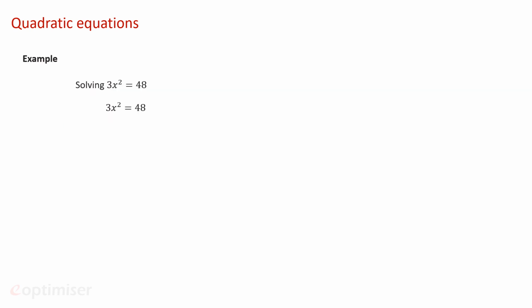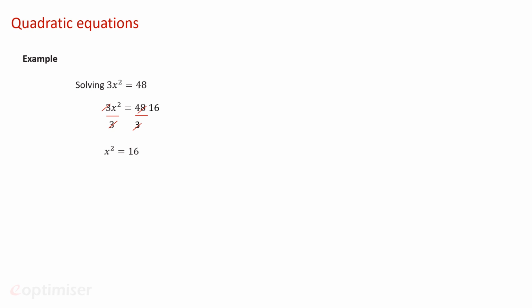So if it is a simple quadratic, we can solve it with elimination. We don't need to do much. For example, if they ask you to solve 3x squared is equal to 48, you can solve it easily. You have to eliminate the unwanted things related to x on the left hand side. So you can divide this by 3, and you'll get x squared is equal to 16.